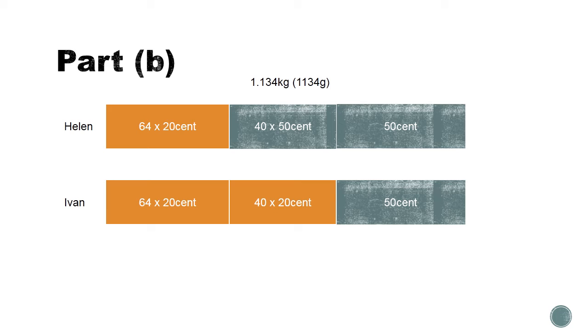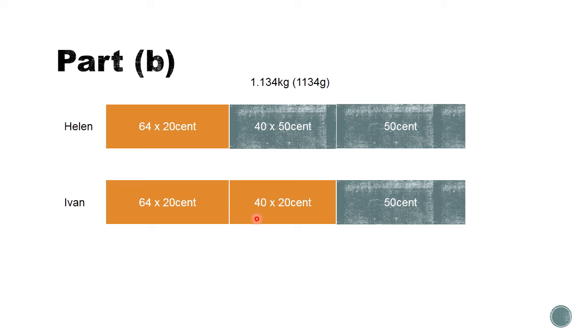Okay, let's look at this for part B. Still the same thing. I did not change much. I still have the 64 20-cent coins, and of course Ivan will still have the 104, but I break it into 64 and 40, and of course the 50 cent is here, and we already identified that there will be 40 50-cent coins here, and 40 20-cent coins over here for Helen and Ivan.